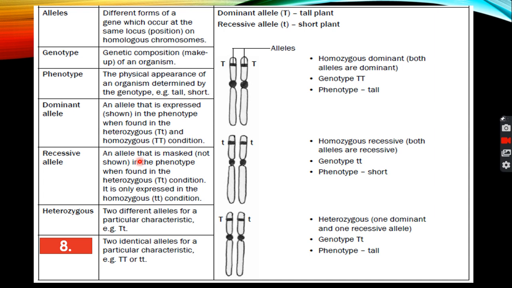It's also important to read the definitions because it will help with terminology. Terms are 10 marks, sometimes 12 or maybe 15, in your grade 12 final exam, so every mark counts. And homozygous is the same alleles, it could be big T big T, or small t small t.